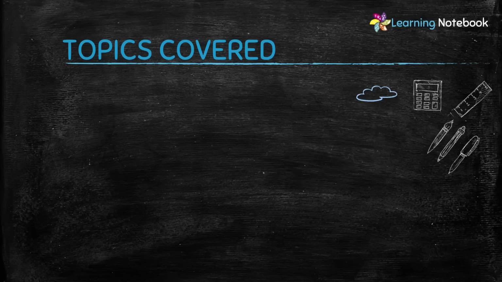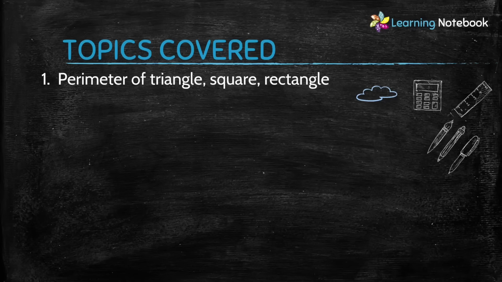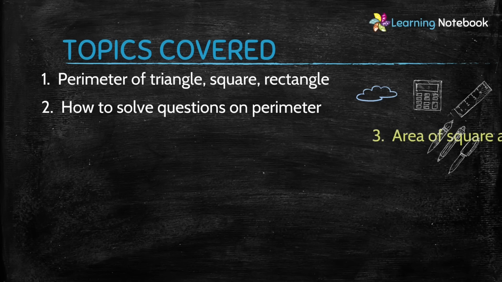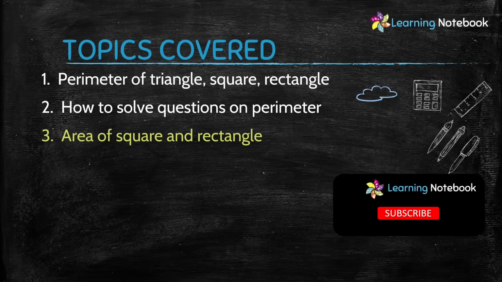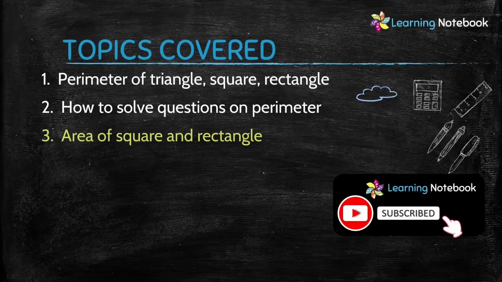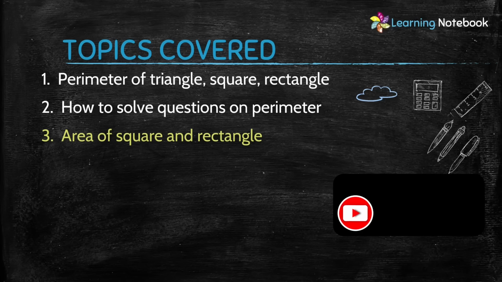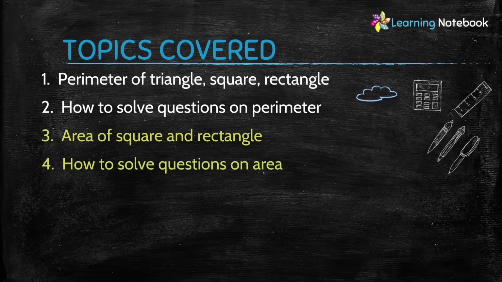So let's see what all topics we are going to cover today in this video. First, we will understand perimeter of triangle, square and rectangle. Then we will learn how to solve questions on perimeter.